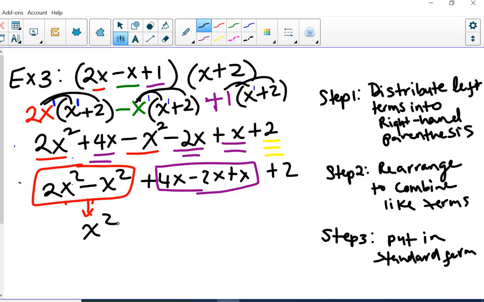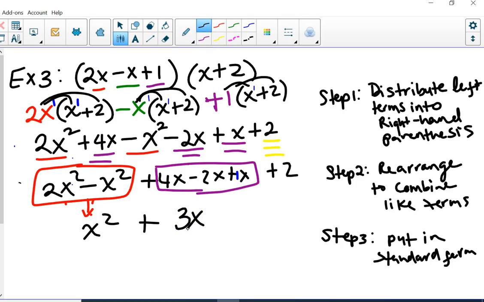Remember, you're just focusing on the number in front now. Next, I have 4x minus 2x plus 1x. There's an invisible 1 here, right? 4 minus 2 plus 1. 4 minus 2 is 2, and 2 plus 1 is 3x. So it's just going to be 3x.